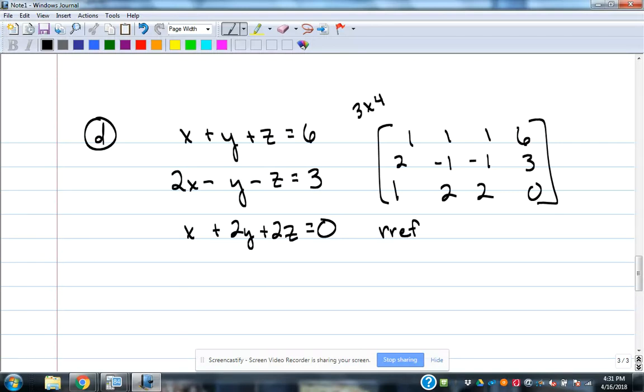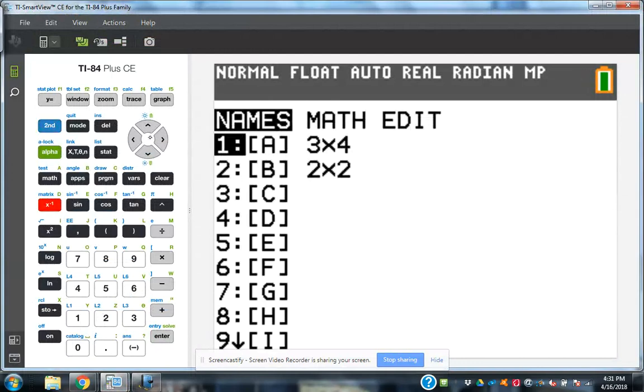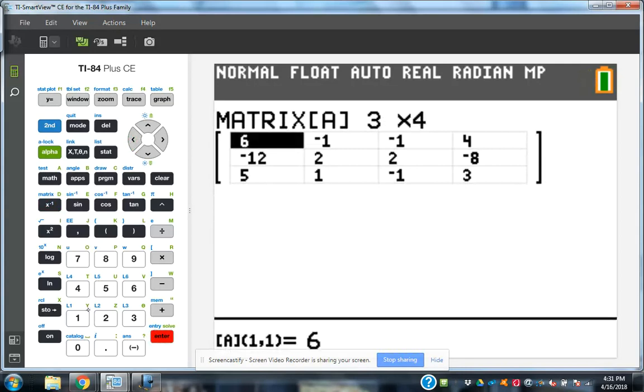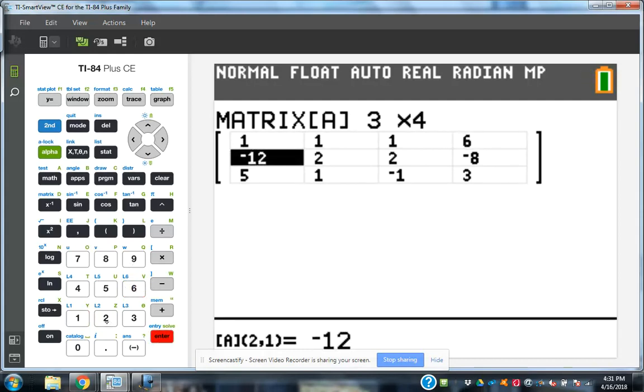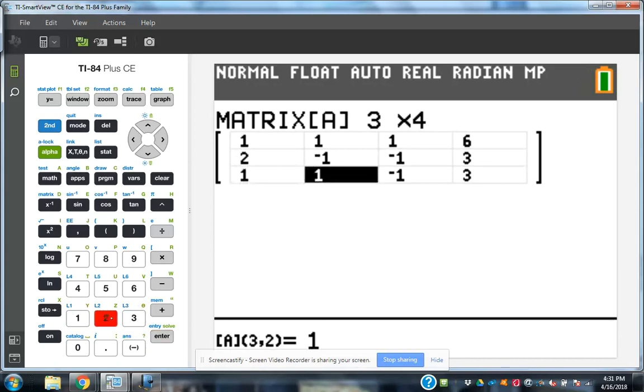Put that in your calculator. Run your RREF. And then we'll see what happens with that. So, graph the calculator, second matrix, edit matrix A. It's already the right size. 1, 1, 1, 6. 2, -1, -1, 3. 1, 2, 2, 0.